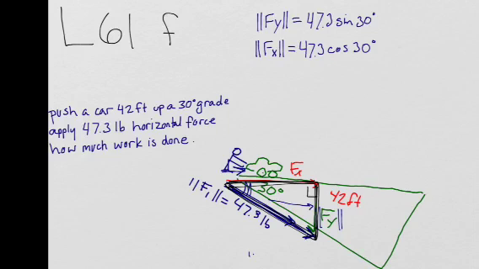Okay, so on my calculator, 47.3 times the cosine of 30 is approximately 41.0. Alright, so even though they're pushing with 47.3 pounds of force, it's only about 41 pounds of force going into pushing the car up the hill.